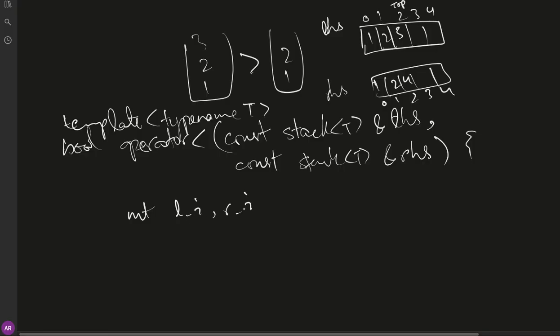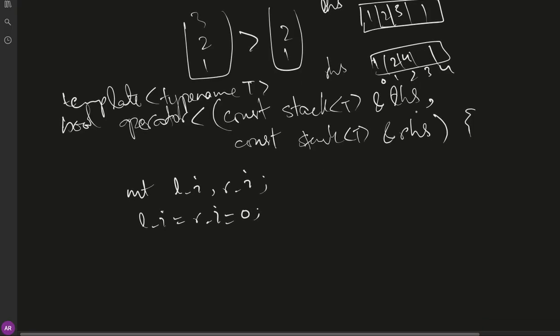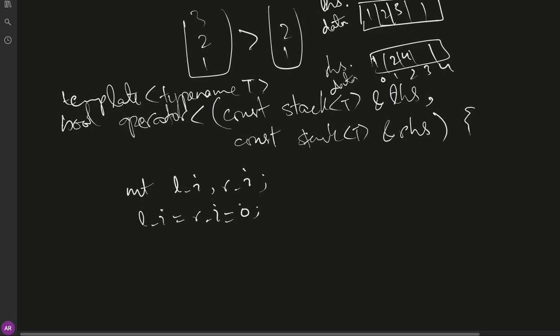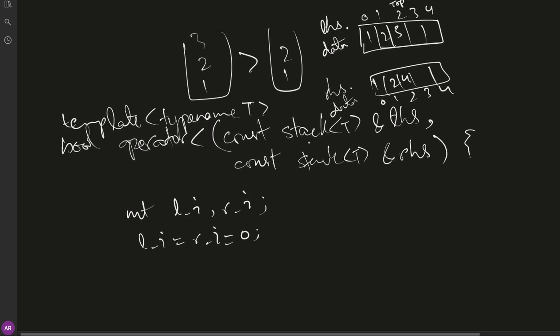We set both of them to 0. Left index is equal to right index is equal to 0, and now we can start comparing the values stored within the arrays. So let's say the values are stored in the data array. So we have left hand side dot data and right hand side dot data, and we just need to compare the values one by one.